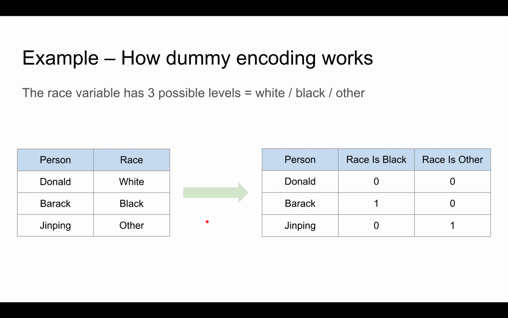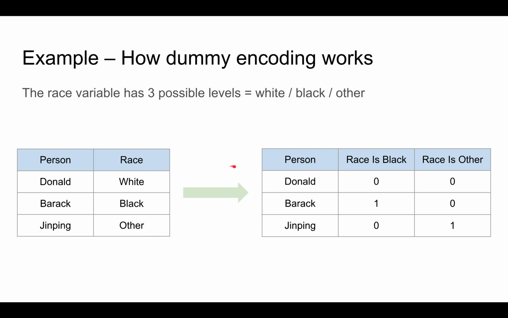Basically, it creates some new dummy variables to model all possible values of the discrete variable. For example, if we have a race variable which has 3 possible values, say white, black, and other, what would happen is that we would create extra columns.